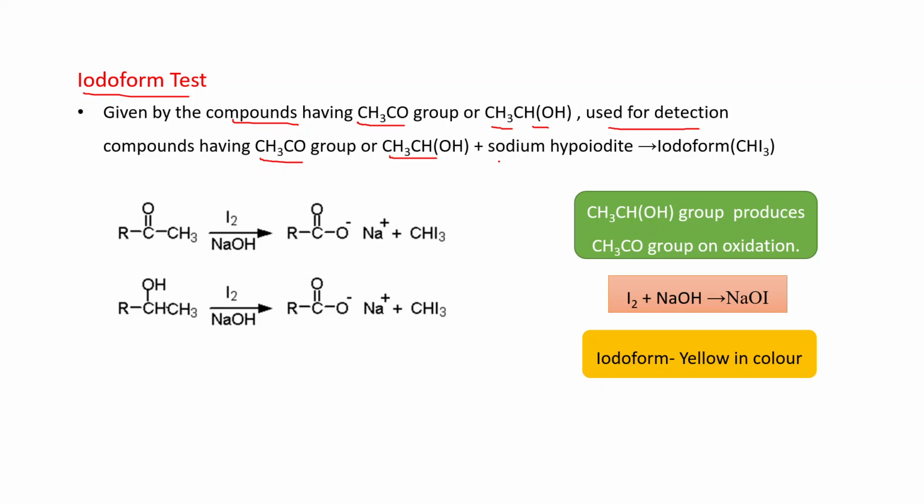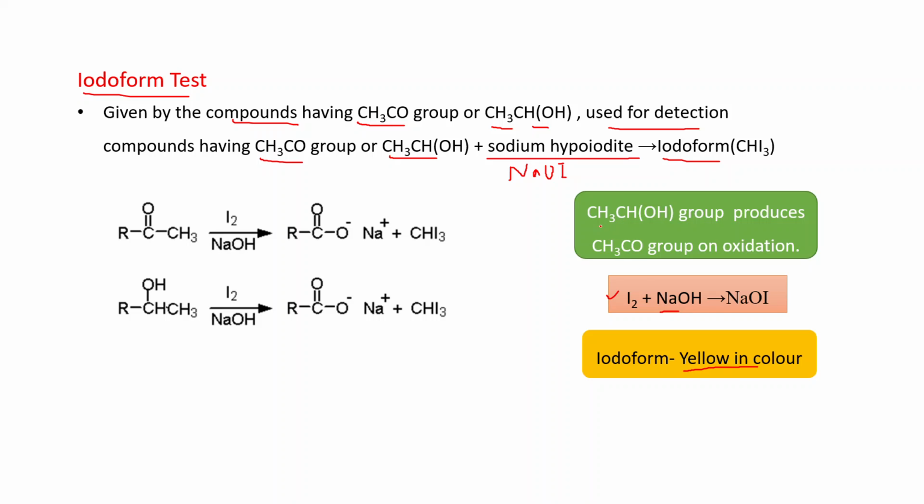When these compounds are treated with sodium hypoiodide, NaOI, which is actually obtained by the reaction of I2 and NaOH, they convert into iodoform, CHI3. And this iodoform is a yellow colored compound.